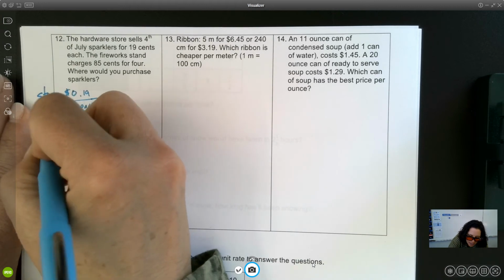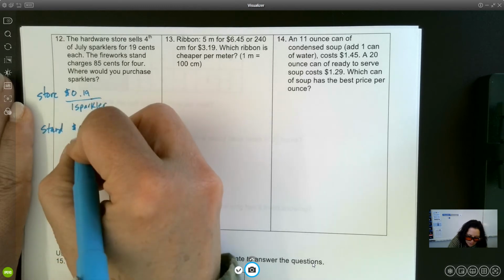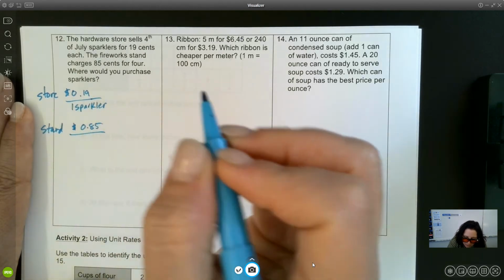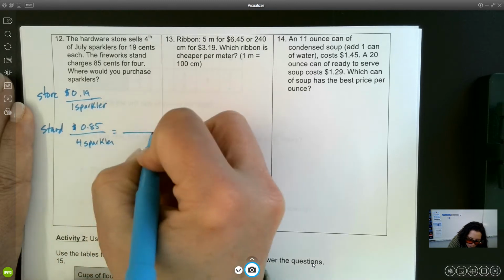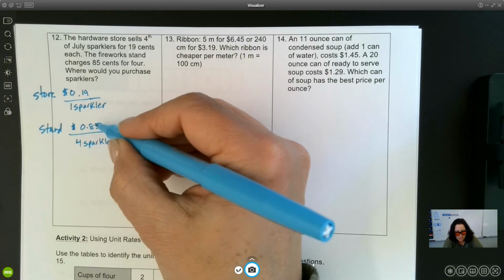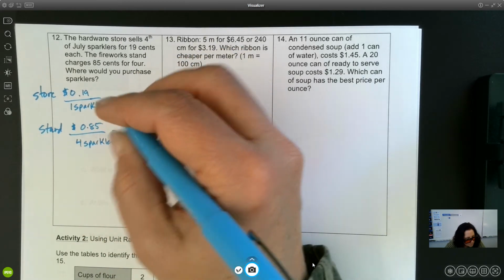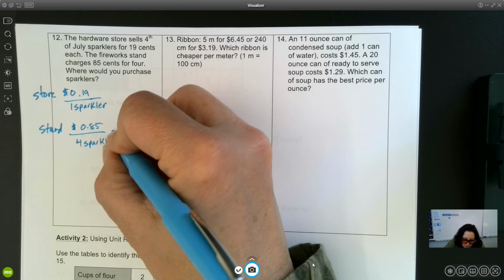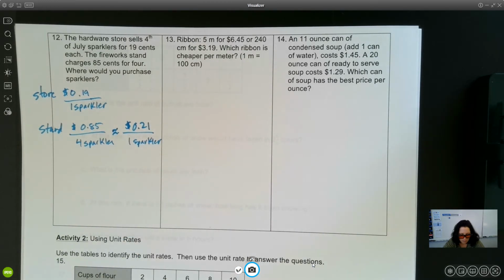Okay, now the stand, we have to do a little conversion on this. We have 85 cents for, how many of them? 4 of them. We want to know what one sparkler is. So we're going to divide this 85 cents, 0.85 by 4, and it comes out to be roughly, it's not an even number, 21 cents. Okay, so I would rather buy them from the store because they're cheaper per sparkler is my reason.